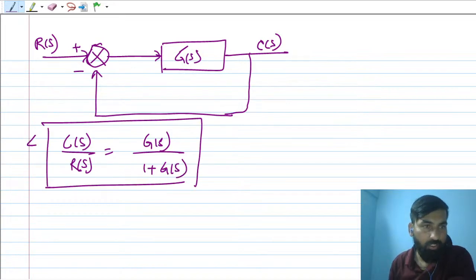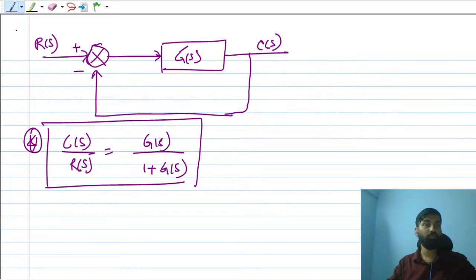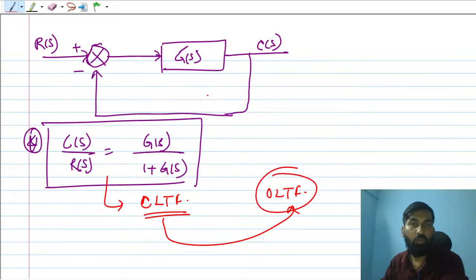So if in the examination they have given the closed loop transfer function, I will explain later how to write the closed loop transfer function directly from the block diagram. Just for the basics, I'm using this form. If you want to find the open loop transfer function directly from the closed loop transfer function, what is the open loop transfer function?